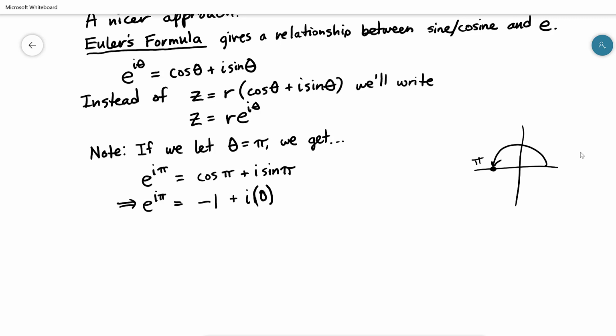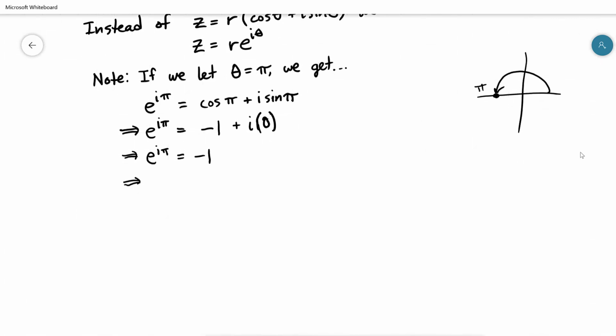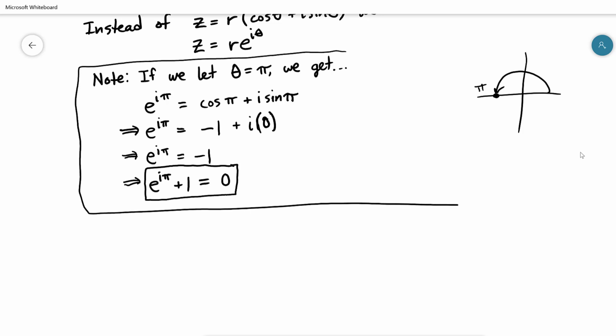And we wind up with e to the i pi equals -1, or if I add that -1 to the other side, we get this kind of cool formula that says e to the i pi plus 1 equals 0. This is just kind of a cool statement. This whole piece here is a side note, so we don't really need it all. Just sneak this off here.